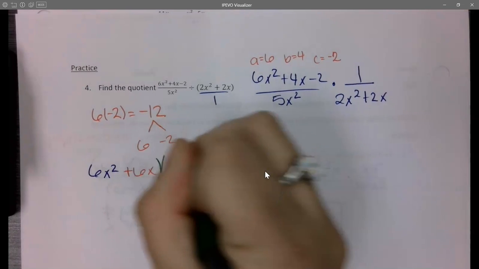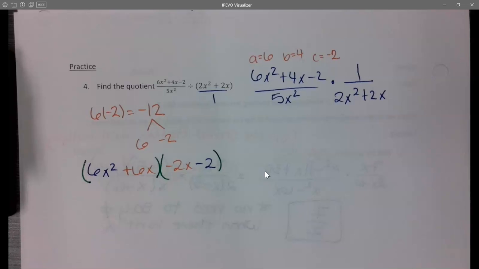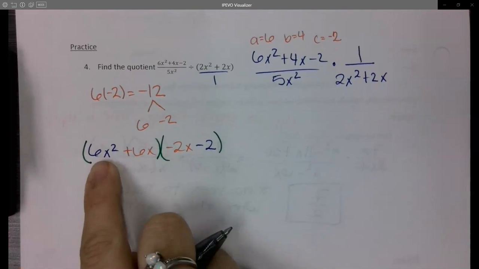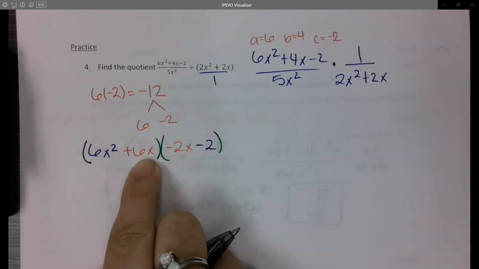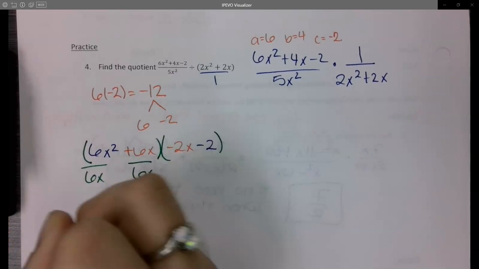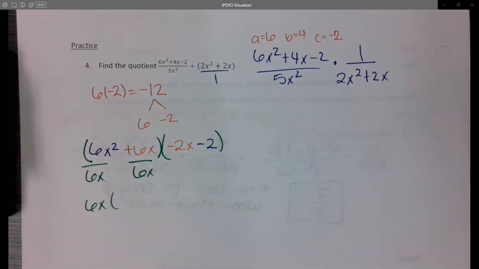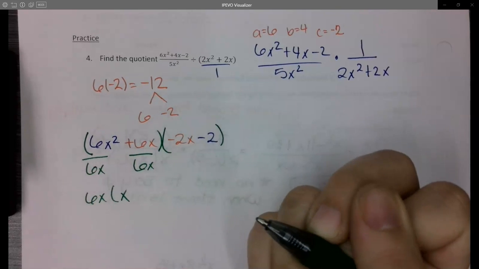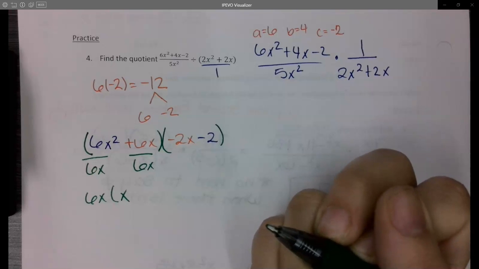No, so I split it into 2 groups. So I'm looking for what each group has in common now. So what can divide 6x squared and 6x? Larger than 3? 3 does work, but 6x. So 6x squared divided by 6x gets me... Okay, and then 6x divided by 6x gets me 1.